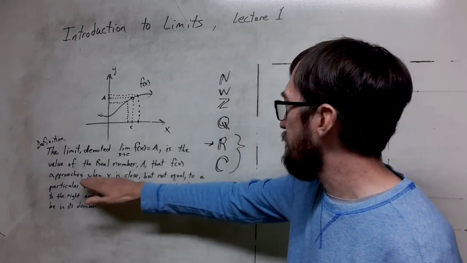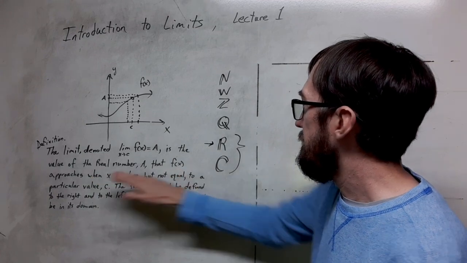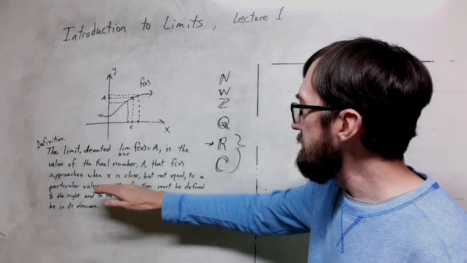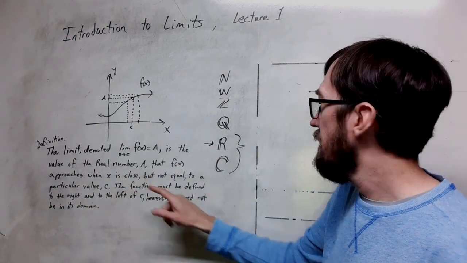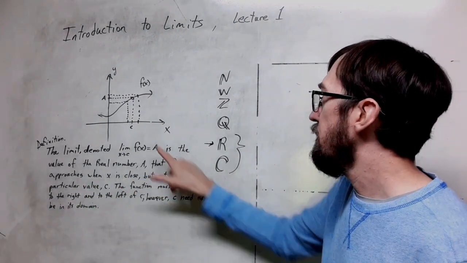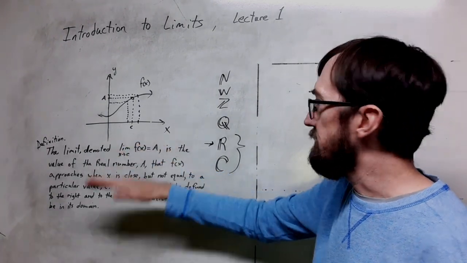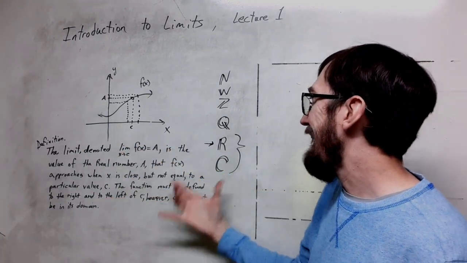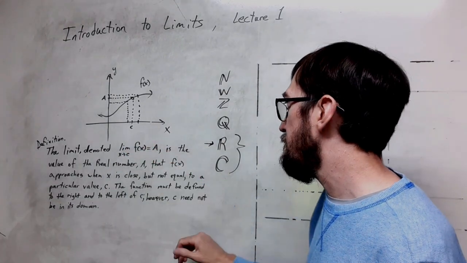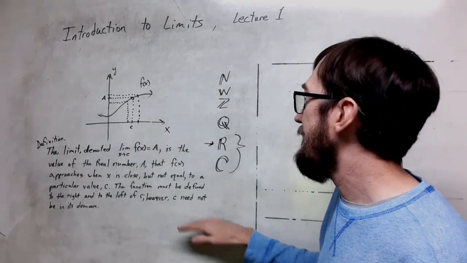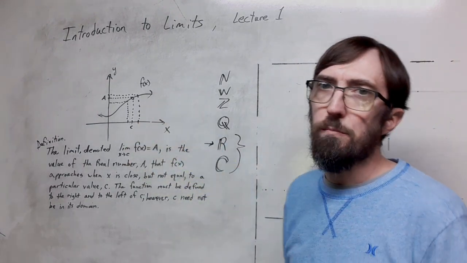So a is a real number that f of x approaches when x is close to but not equal to this particular value we called c. The function has to be defined to the left and the right of the value, but it does not need to have c within its domain.